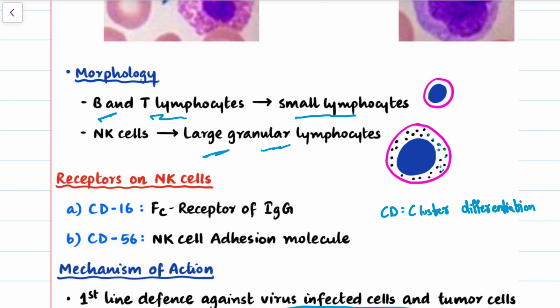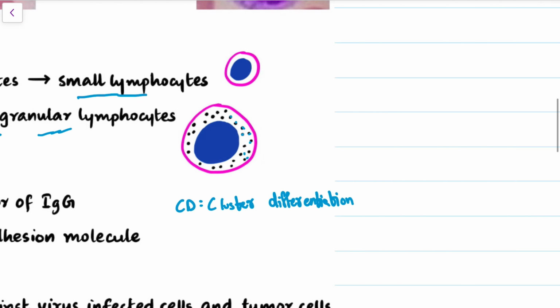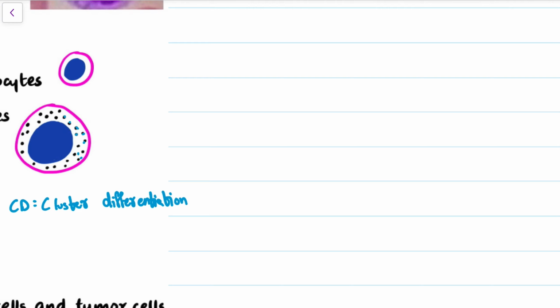This CD16 molecule contains the Fc receptor of the IgG. As you know, an immunoglobulin has heavy chains and light chains, right?